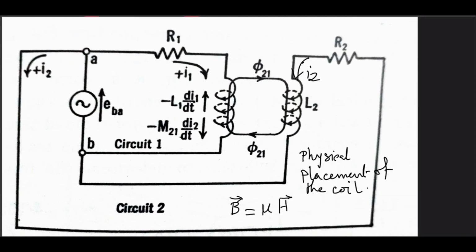So, the biggest confusion that we have here is how to determine the sign of M. Like here, how to show whether the sign of M is positive or negative.